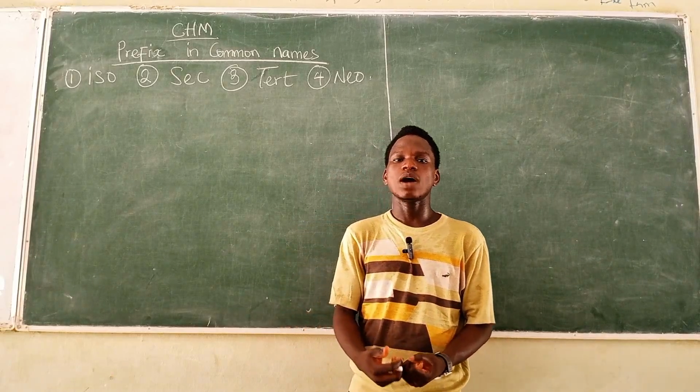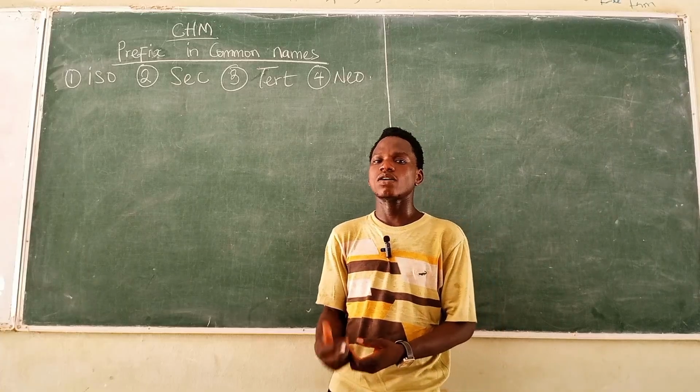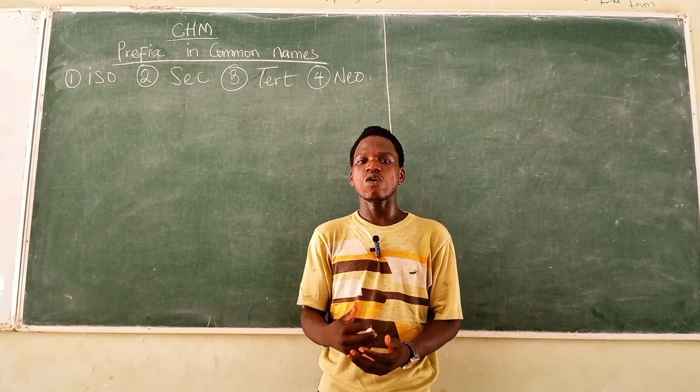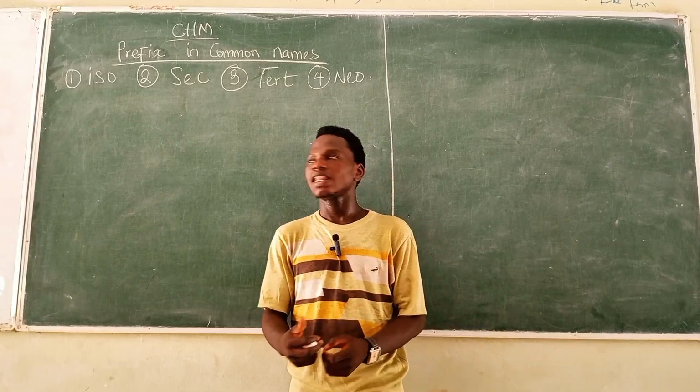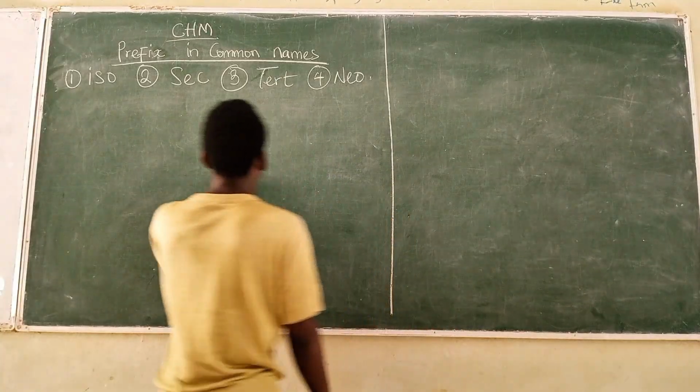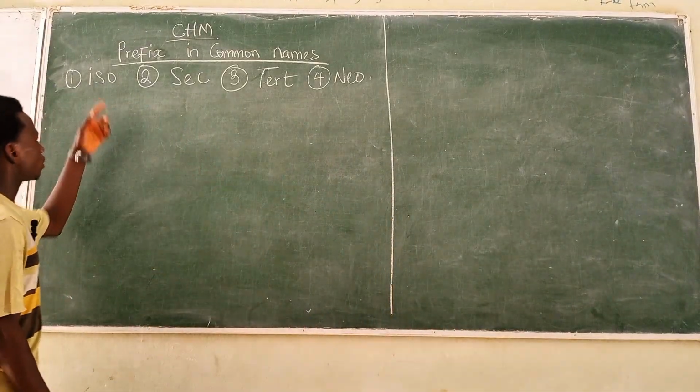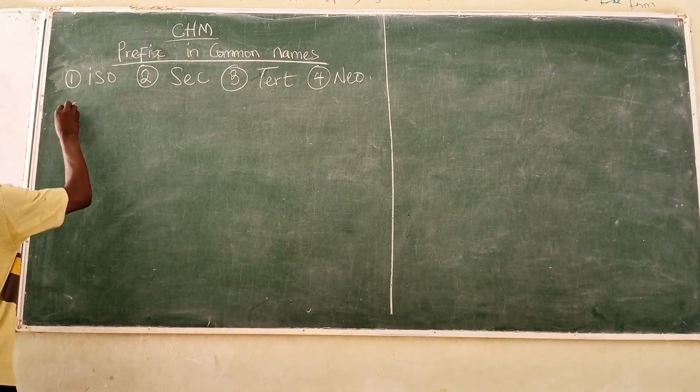In this video, we are going to clarify how you can correctly use these four prefixes in naming organic compounds. We are going to start with the first one, the prefix iso.